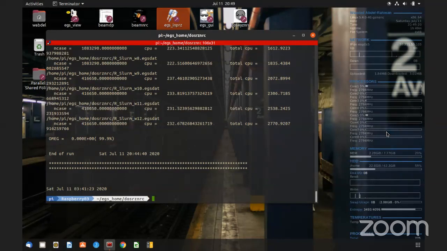To run the simulation, I ran exactly the same job on the Raspberry Pi 3 and 4. It took 3 times more on the Raspberry Pi 3 than on the Raspberry Pi 4, so for a single core.